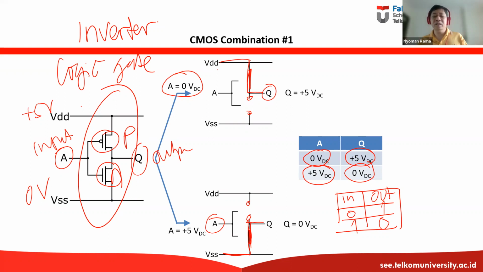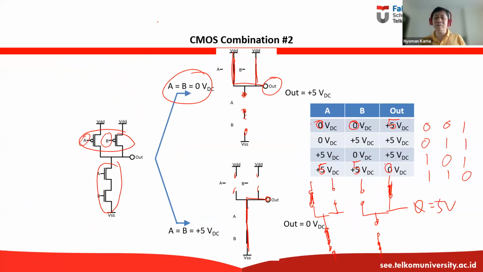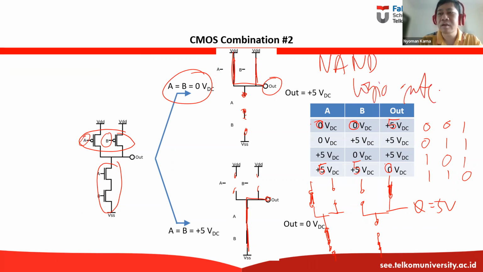So a logic gate is basically a transistor. And for the inverter, we only need 2 transistors, one PMOS and one NMOS. And this one has the functionality of another logic gate, which is what we call the NAND logic gate.